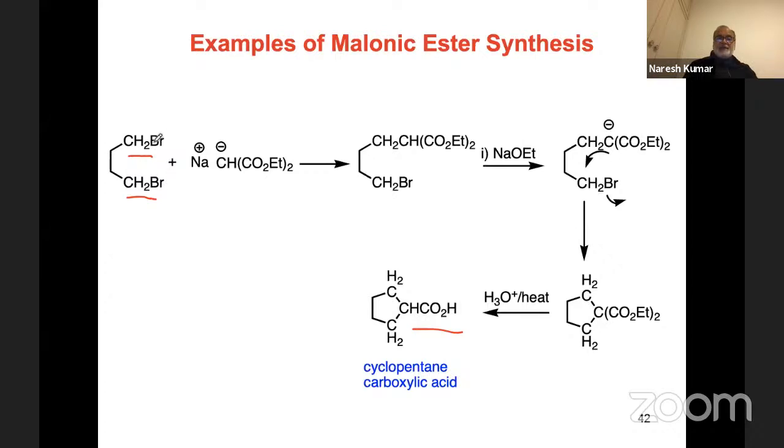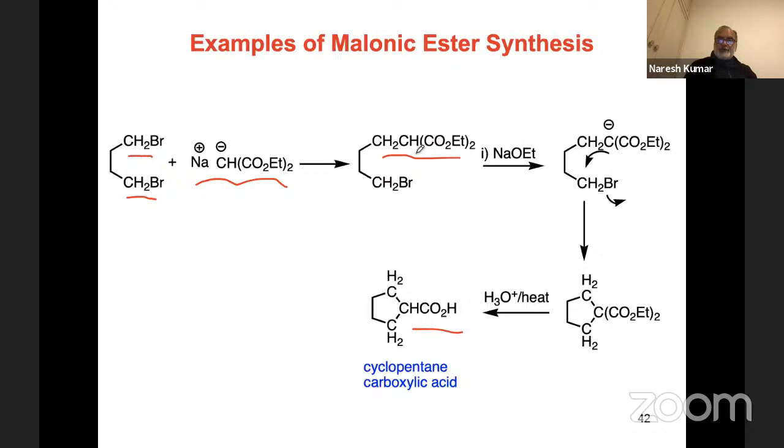And the beauty of having the two alkyl halides in the same molecule is that you do the first reaction by forming the anion, treating the malonate with sodium ethoxide, reacted with one alkyl halide, you will get the top part of the molecule.